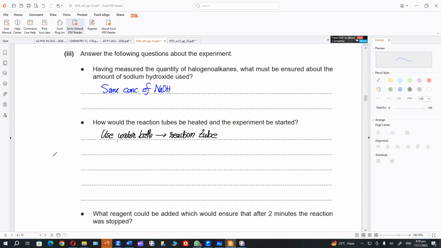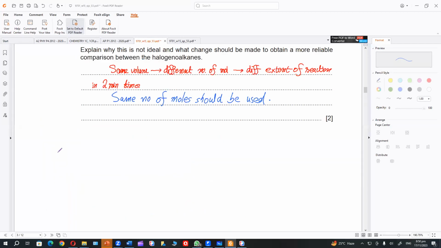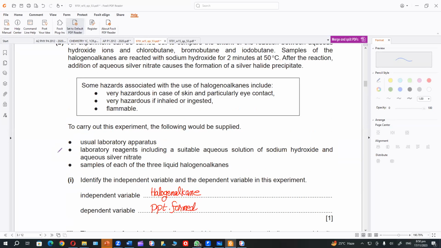How would the reaction tube be heated and the experiment be started? The examiner has already mentioned that there is a flammability issue.